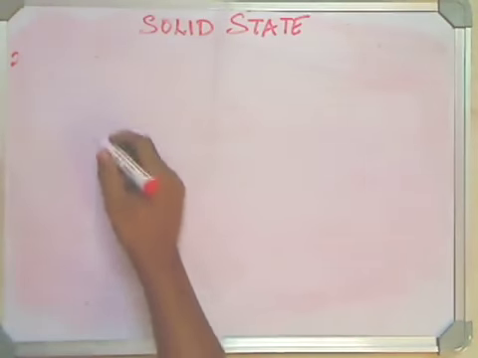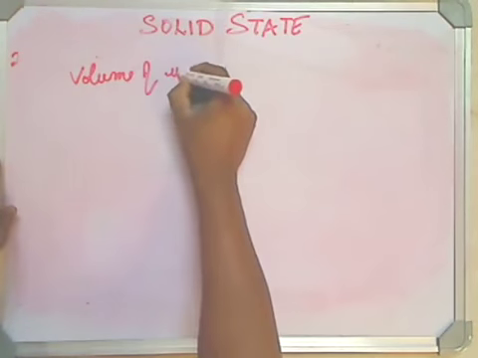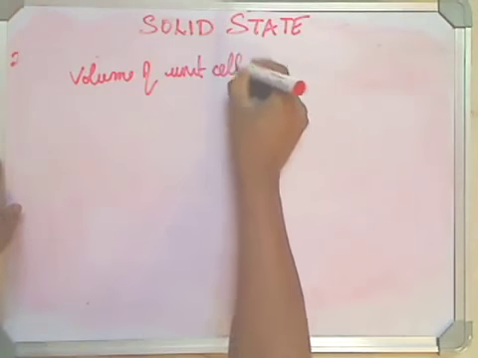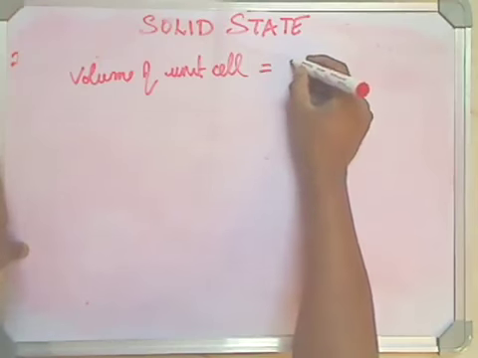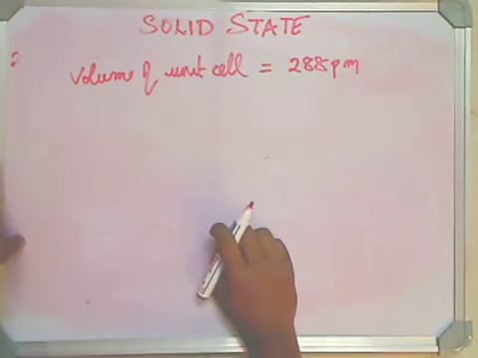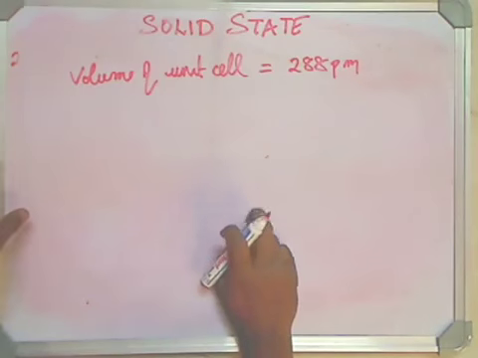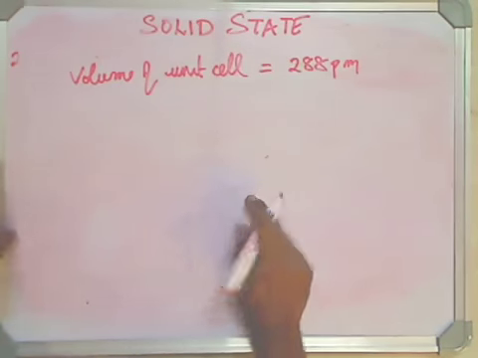Now, the volume of the unit cell here has been given as 288 picometer. This comes a bit of a problem because when it comes to calculations, it's better if you can convert it to centimeter.